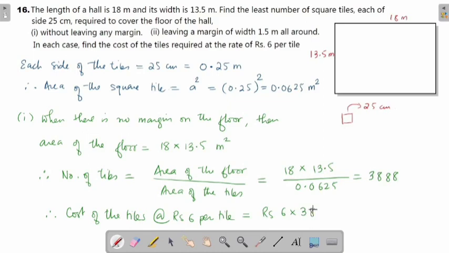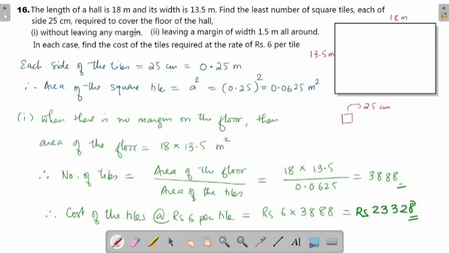We have 3888, right? So just multiply, you get your answer to be 23,328. So these two are your answers for case number 1.